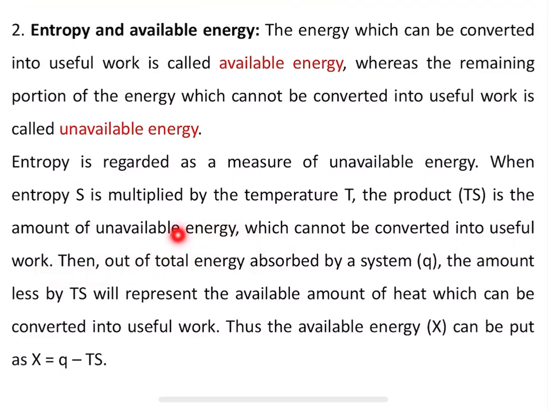Out of the total energy absorbed by a system, Q, the amount less by TS will represent the available heat which can be converted into useful work.